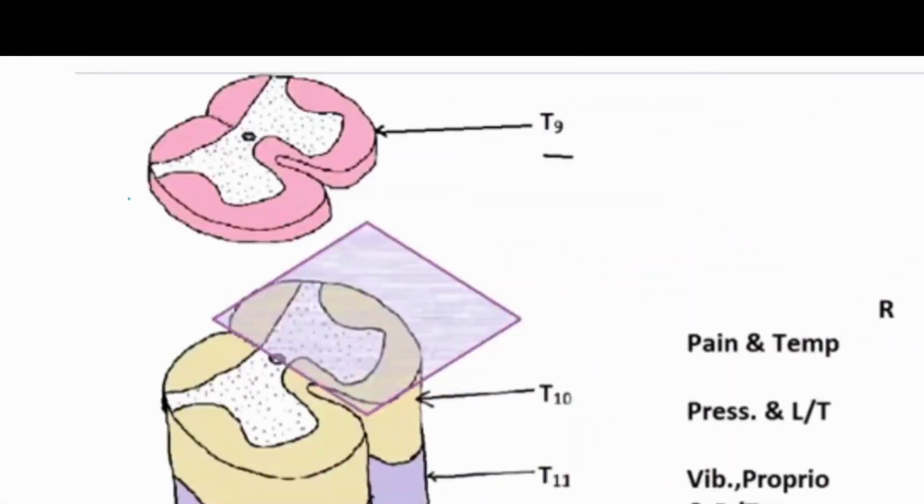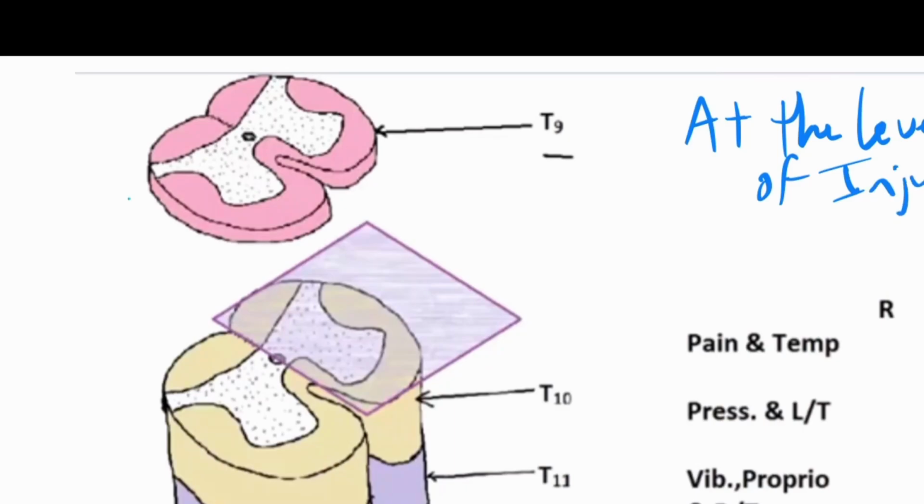Now we're going to talk about at the level of the injury itself. So we're talking about just T10 itself, and wherever that dermatome goes with those sensory and motors. Pain and temperature on the right, any problems there?